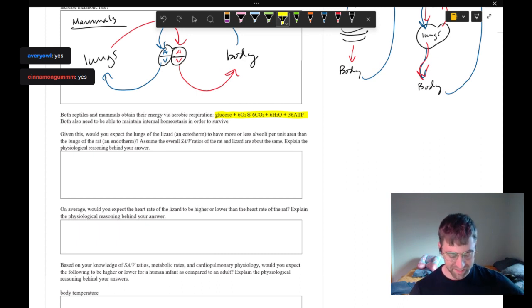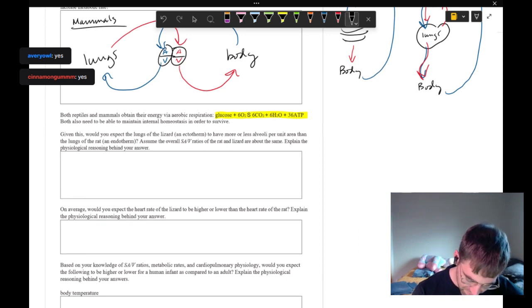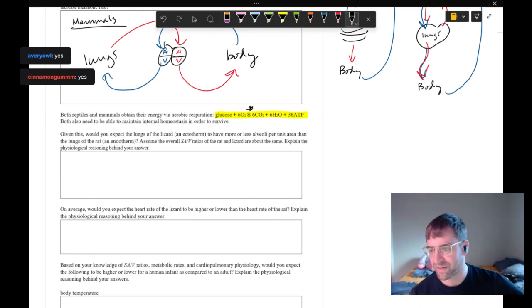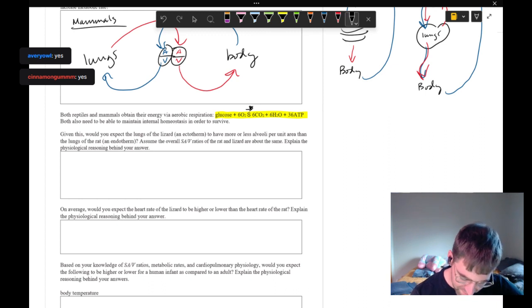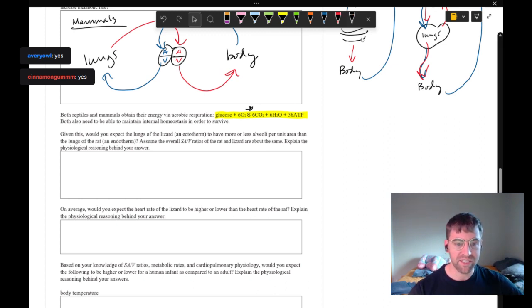It's glucose plus oxygen, yielding CO2, which is a waste product, water, which is a waste product, and ATP, the product of interest, the currency of the cell. Both also need to be able to maintain internal homeostasis in order to survive.